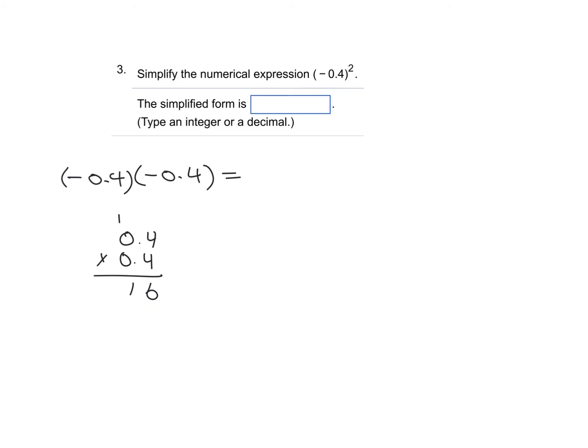So we're essentially done, except what we need to do is we need to say how many digits in the original problem are behind a decimal. And we have one digit here behind a decimal and another digit behind a decimal. That means that in our final answer, we need 2 digits behind a decimal, like so. And our answer is positive 0.16.